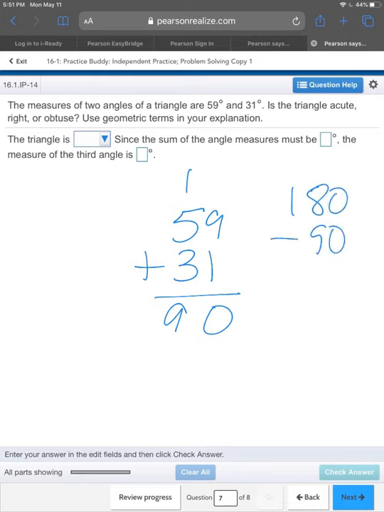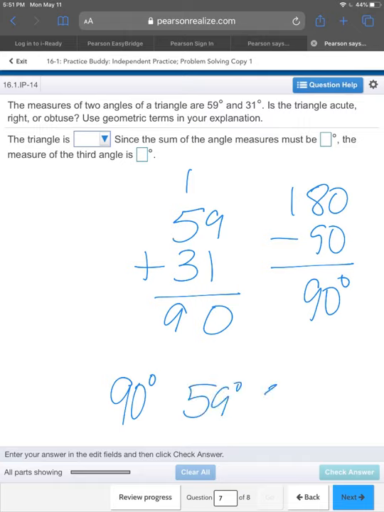What I know is 90, and what I'm going to find out is the difference. So that third angle is going to be 90 degrees. So one angle is 90, another is 59 degrees, and the other is 31 degrees. Based upon what I just did here, you should be able to answer those three questions.